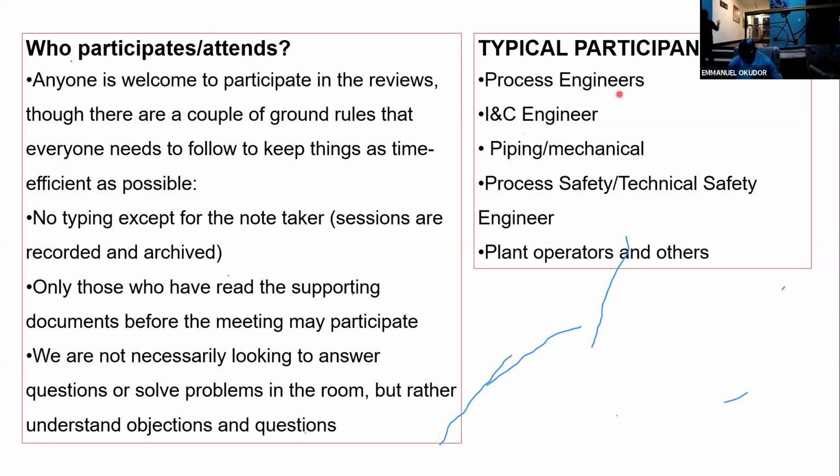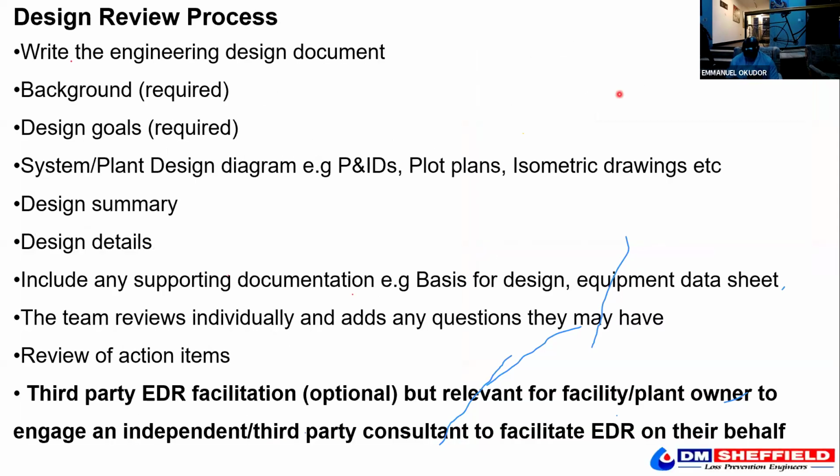And that is why we need to know about these processes and challenge any process that will negate this best industry standard. Now, how do we carry out this engineering design review? We need the background information. For example, if it's a flow station, we need to know the location, the geographical area, the basis for the operations philosophy.